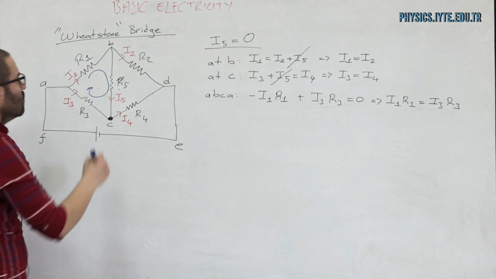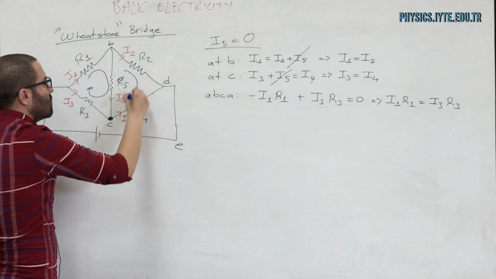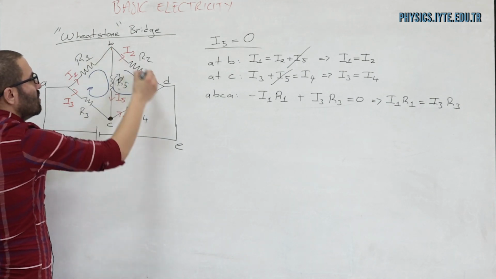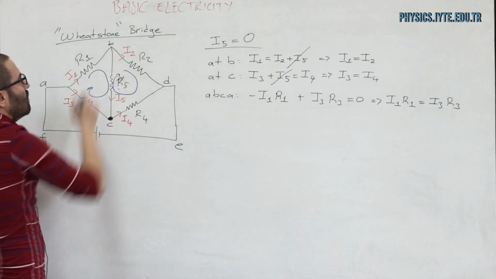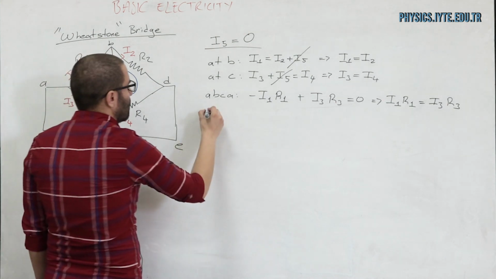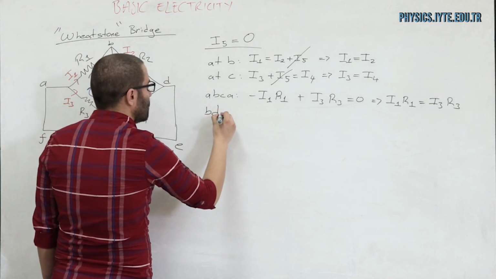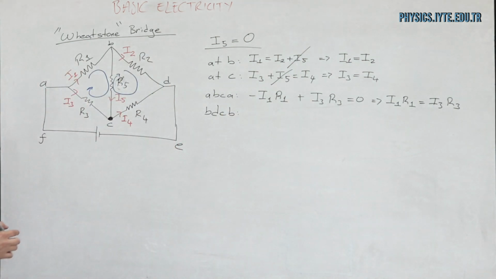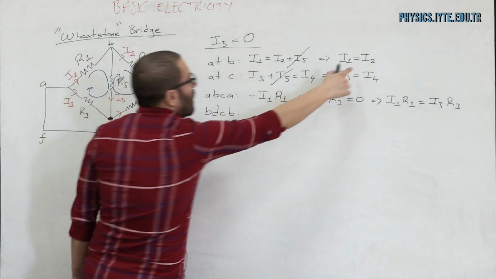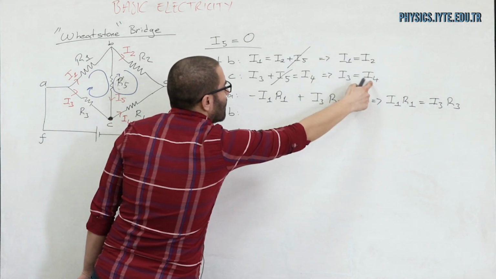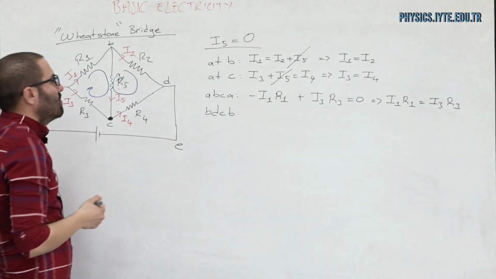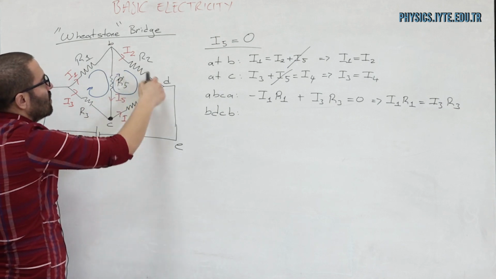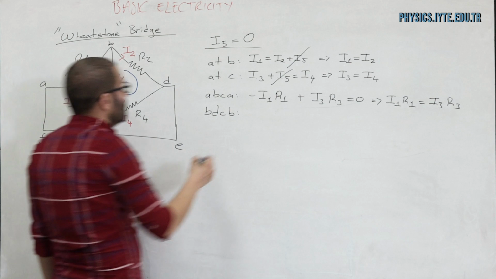Now another loop is going to be this one, which is from B to D to C and then back to B. B, D, C, B. Now as you remember from here, I2 was equal to I1 and I4 was equal to I3. So here I'm going to have a drop in potential because I'm moving in the same direction as the current.